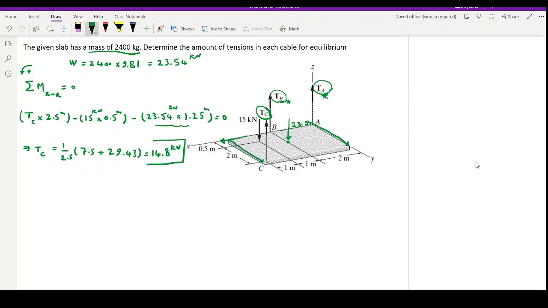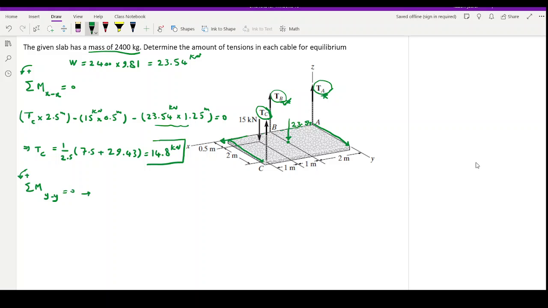I already calculated TC. That means that I can calculate TB from there. So the second equation that I'm going to use is sigma M about y-axis. I'm assuming again this is my positive direction.